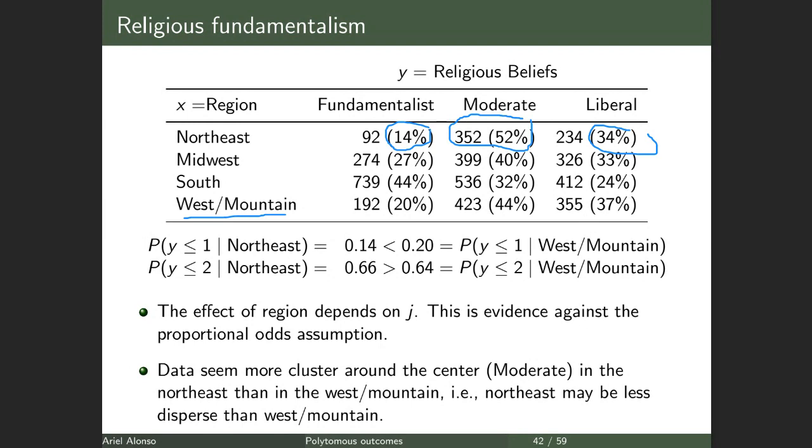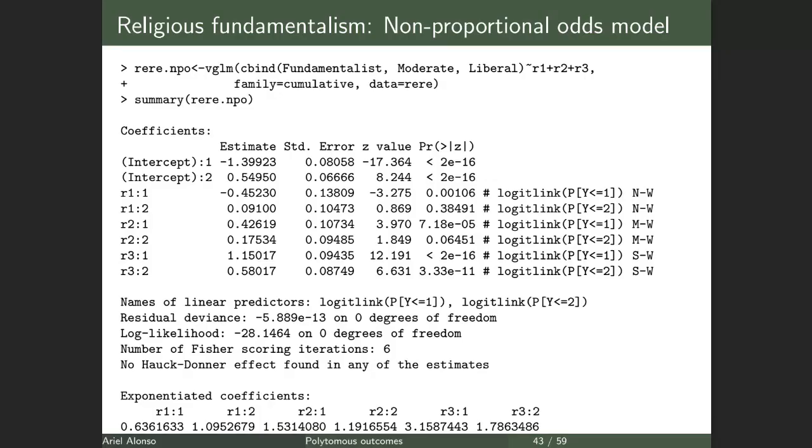You have 20% that are fundamentalists, and you have 37% that are liberal. So here they tend to be more concentrated in Northwest at the center. In the West Mountain, you tend to have more weight in the extremes. And that indicates that the proportional odds assumption is failing here. So the model is not doing a good job.